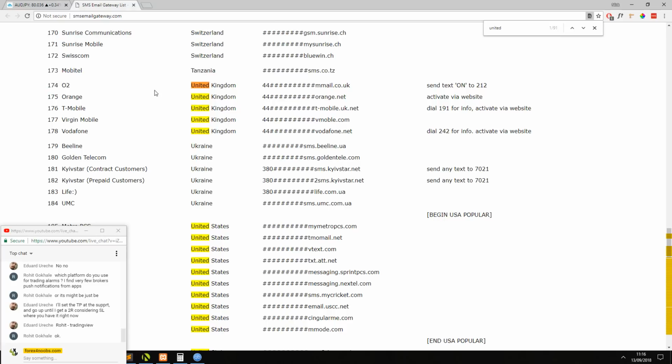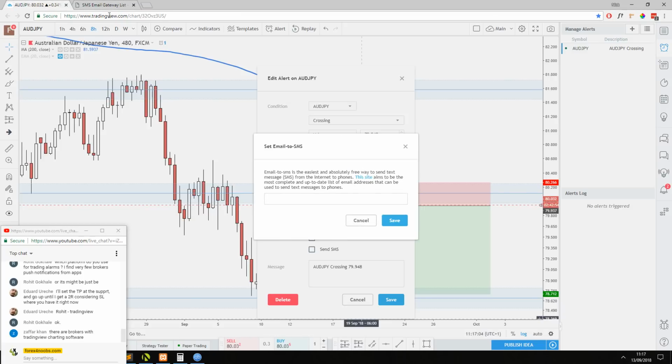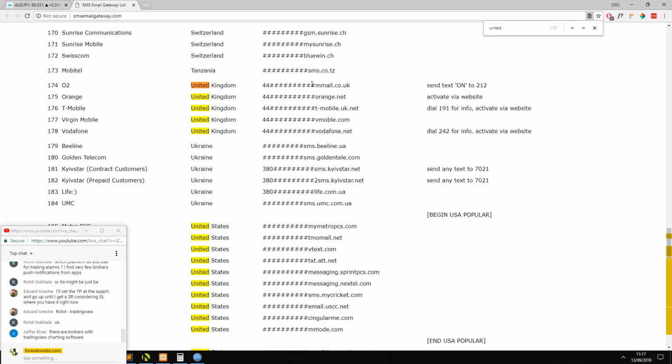That's surprising. My mobile phone company, EE, doesn't, so I can't do email to SMS. But it's pretty straightforward. You basically follow the guide here, put your mobile number in, and it'll send the email to SMS.